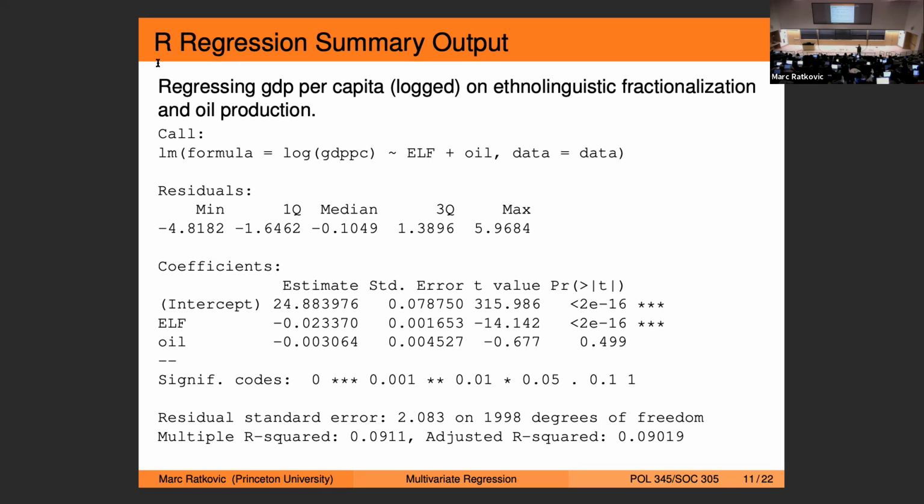What's that? Is Mongolia one? Okay, so that's talking about Mongolia. In that case, if ethno-linguistic fractionalization was 0 and they don't produce any oil, then we expect their GDP per capita to be 24.88. Okay.